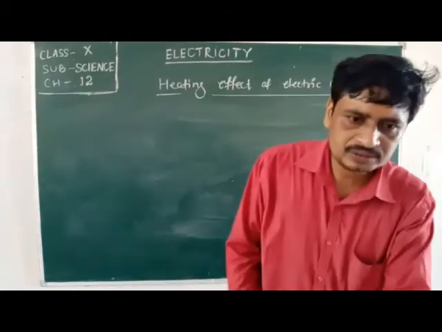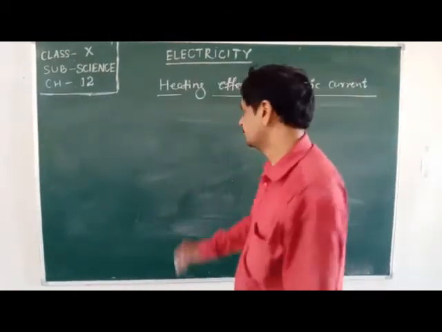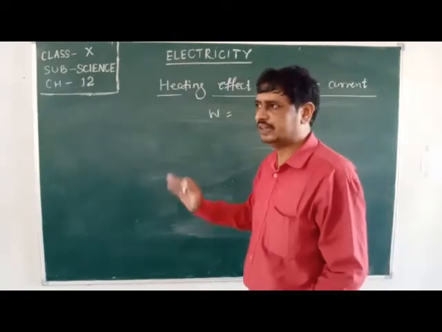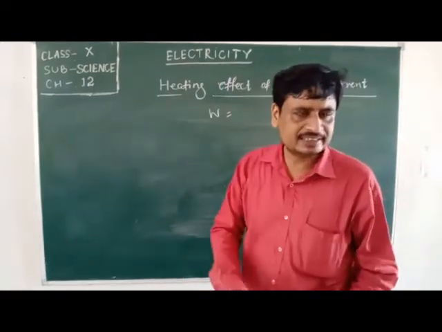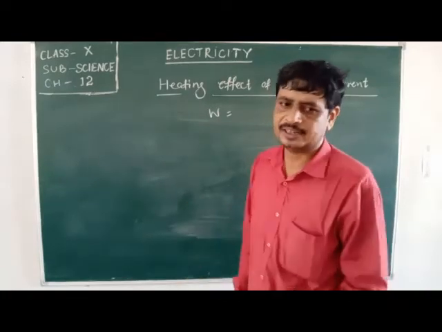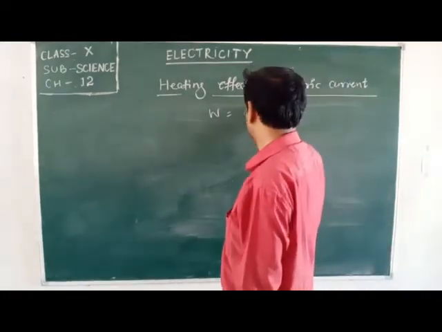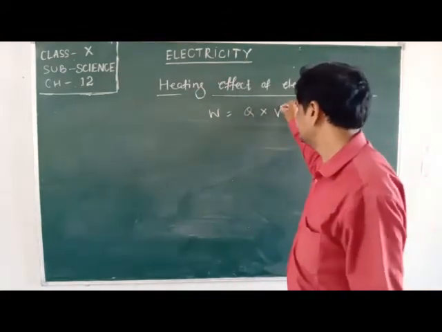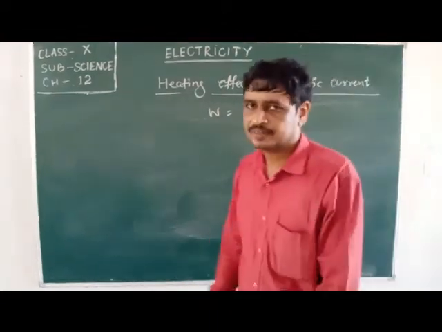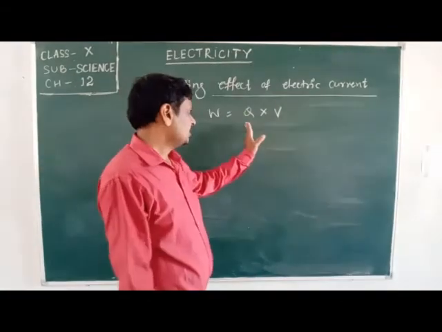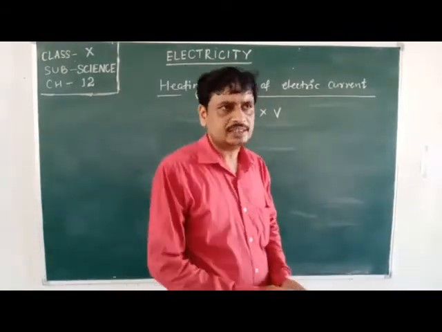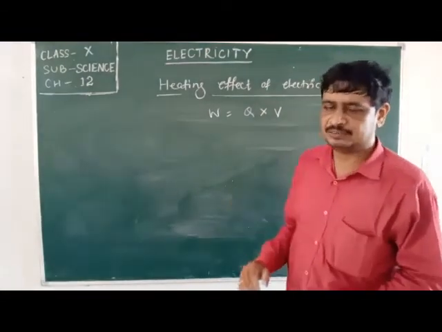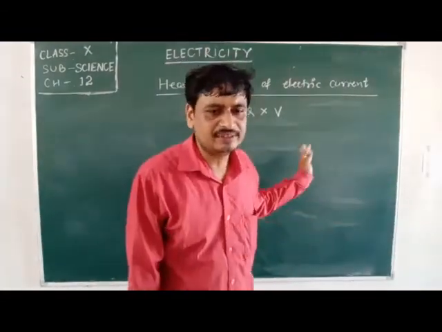So, the work done, meaning how much electrical work is done when electricity passes through any conductor, becomes equal to Q, that is charge, into V, potential difference. The amount of charge flowing through the conductor multiplied with the potential difference between the ends of the conductor. That much work will be done here.